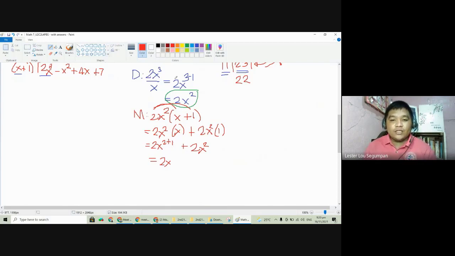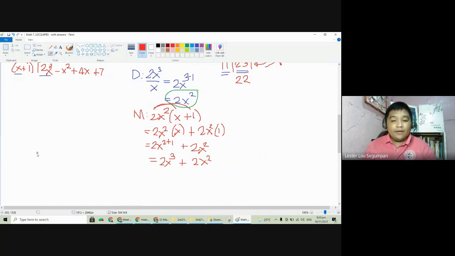Earlier, it was the division law, since we were dividing, so we subtracted exponents. But here, adding exponents, 2 plus 1, you have 3, and you have 2x squared. Please do not add them since they have different literal coefficients.